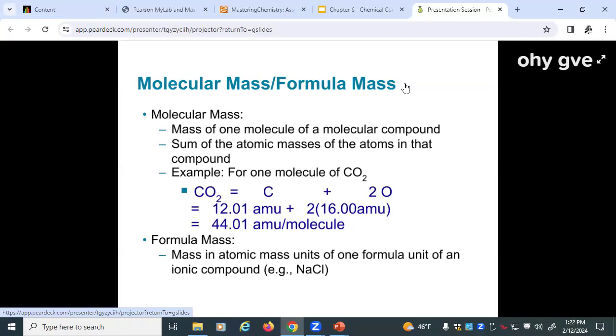All I have to do is look at the chemical formula and add together the molar masses of those elements in that compound, making sure that if I have more than one atom of that element, I multiply by that number. So I multiply by 2 here because there are 2 oxygens in the formula.